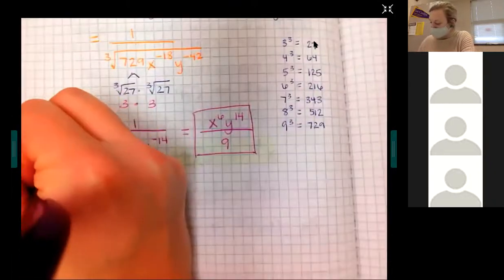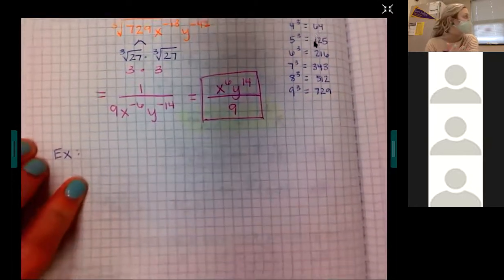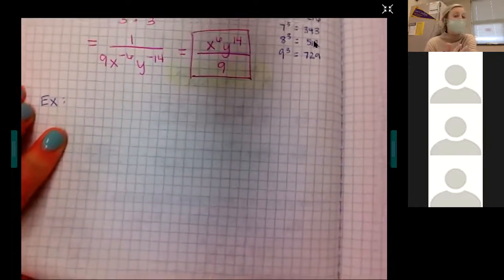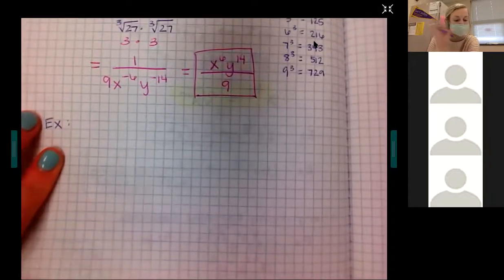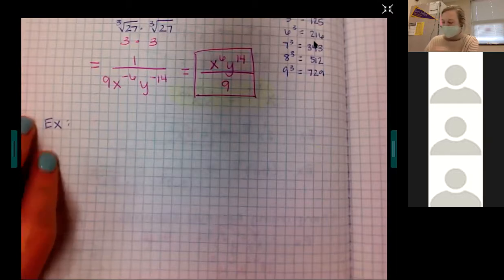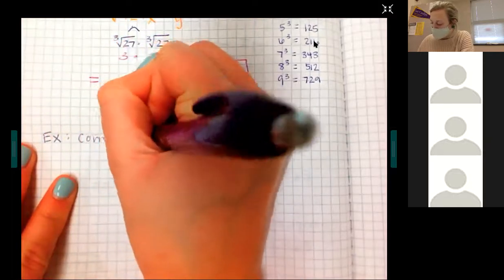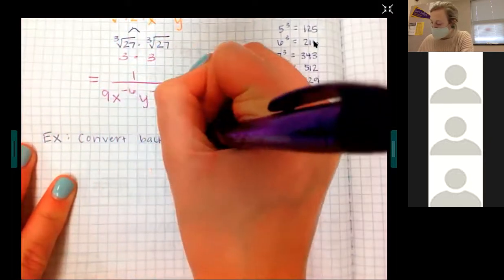Let's do this one. So there's really not a whole lot new to do with these. It's just practice. They take practice. You have to be able to convert them and see your perfect cubes and perfect squares. All right, for this one, all I want you to do is convert back to a rational exponent.